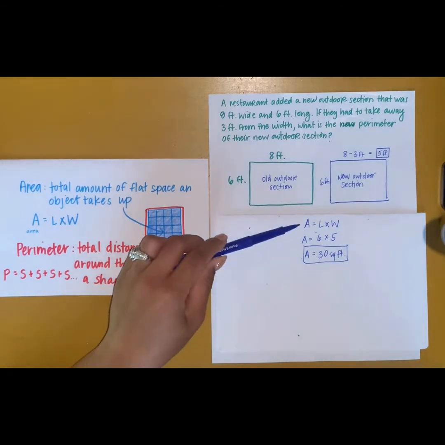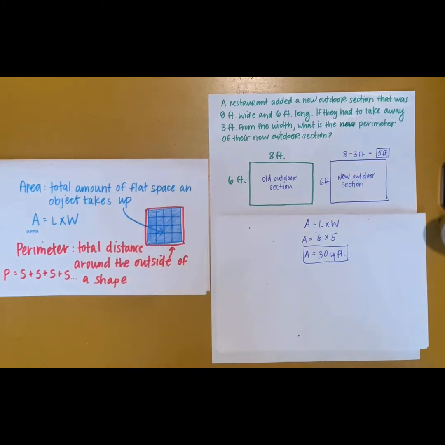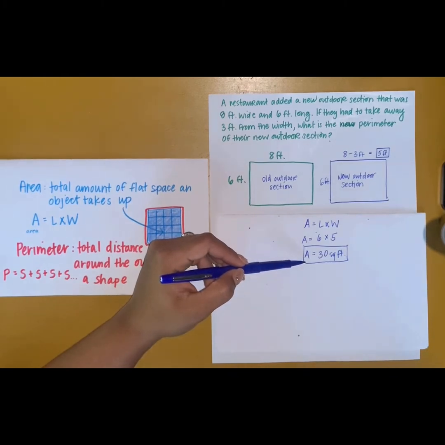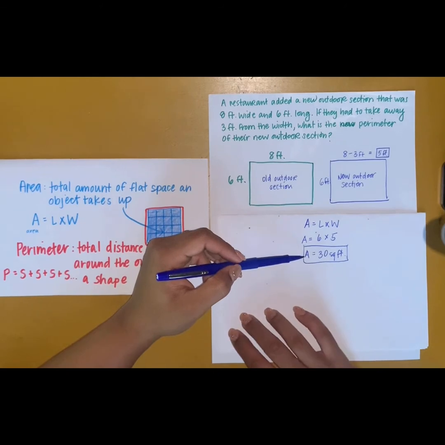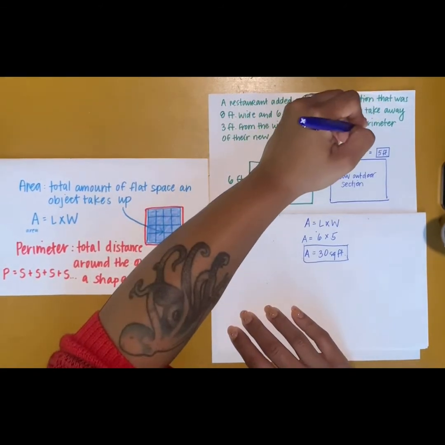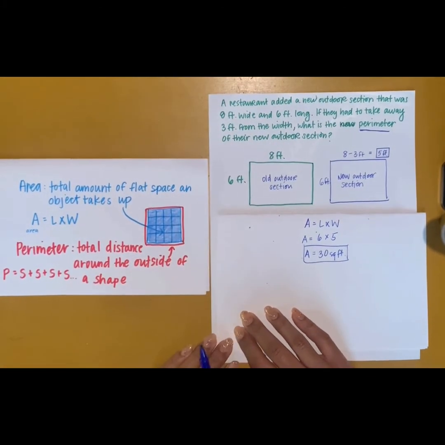Even though this friend solved accurately for area, why is their work incorrect? Say it out loud. That's right. This friend made a mistake because they solved correctly for area, but that is not what the big question is asking us. If we go back to the problem, the big question says, what is the perimeter of their new outdoor section?